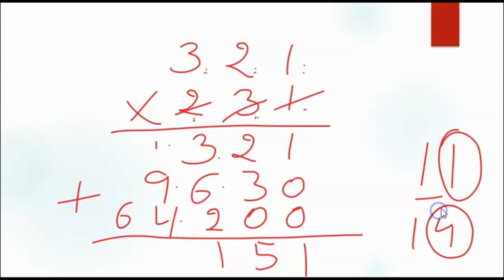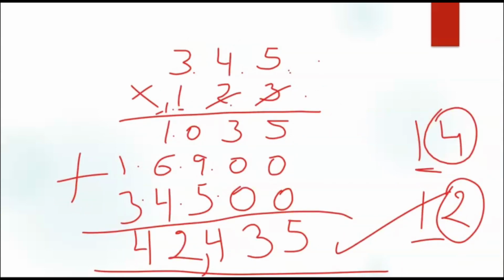We're going to take this 4, put it over here. We have 1 in our hand. We can put that on top of number 6. 6 plus 1 equals 7. That is it. 321 times 231 equals 74,151.